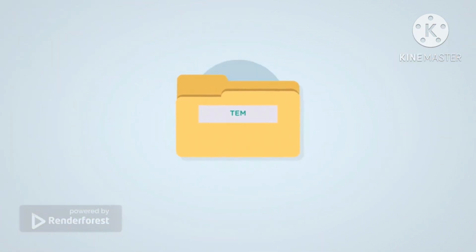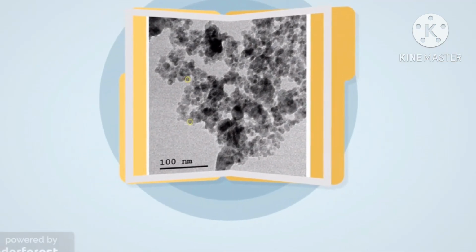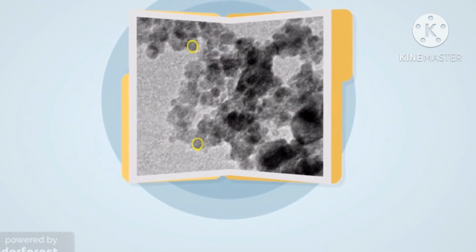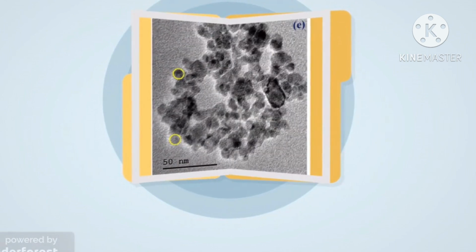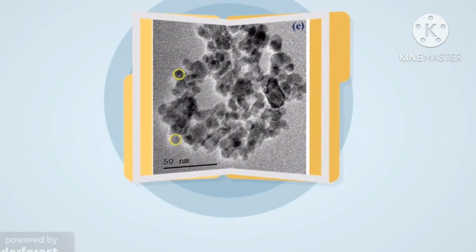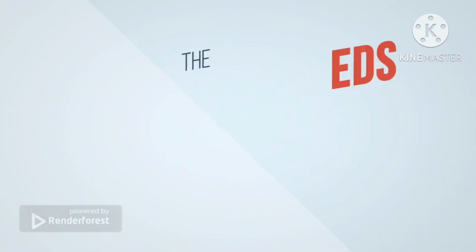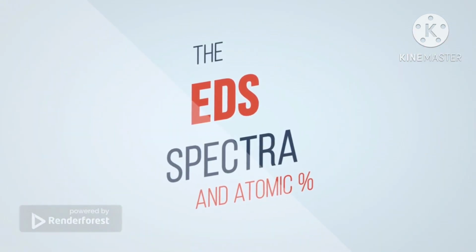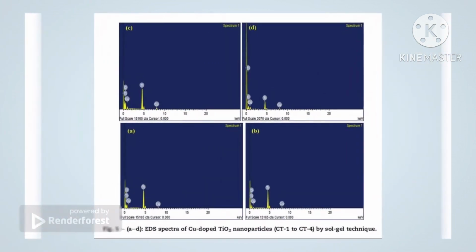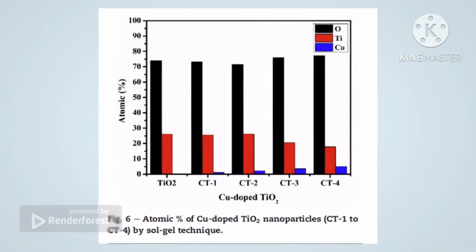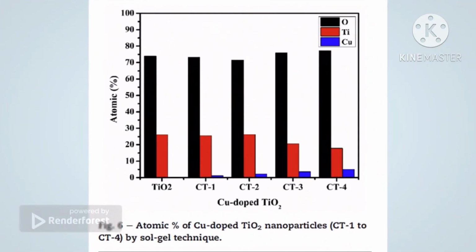In the transmission electron microscope image, the sample CT3 nanoparticles are spherical in shape, with some porosity and agglomeration. We can understand from this figure that there are no other impurities except titanium, oxygen, and copper.